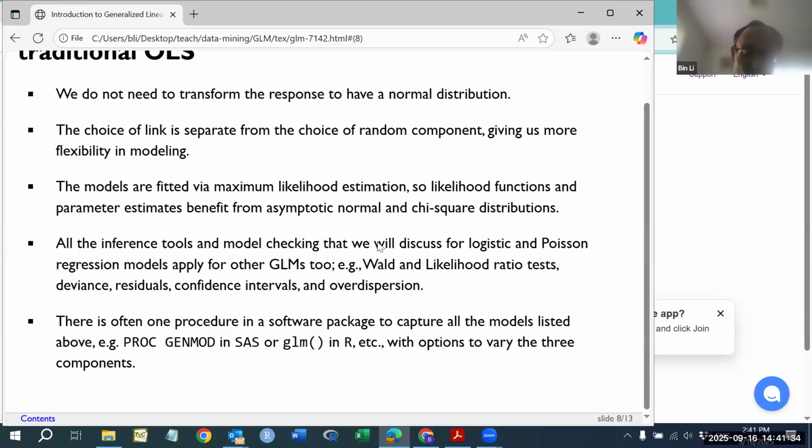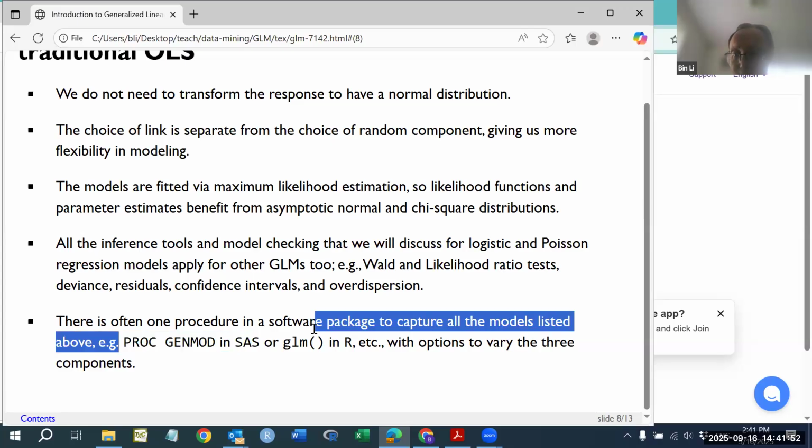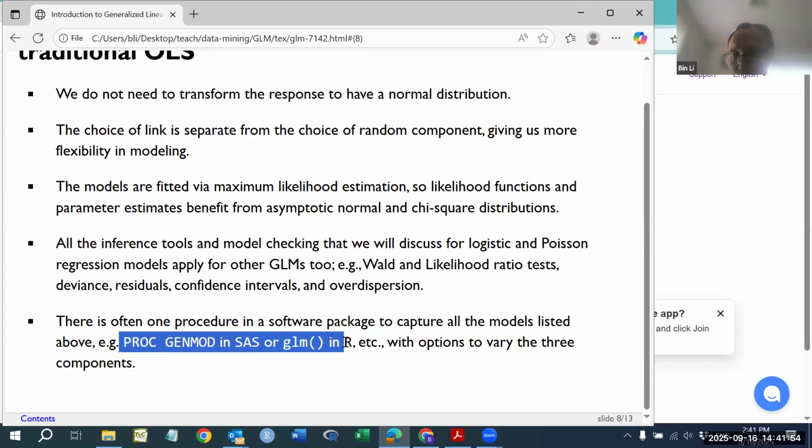So that's another benefit: it's more general, and the inference is unified. There's often one procedure in a software package to capture all the models. If you use SAS, you can use proc genmod. In R, you can use the glm function.